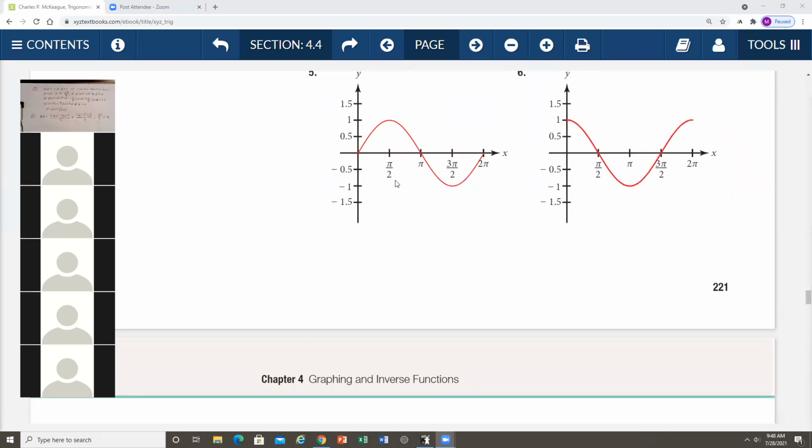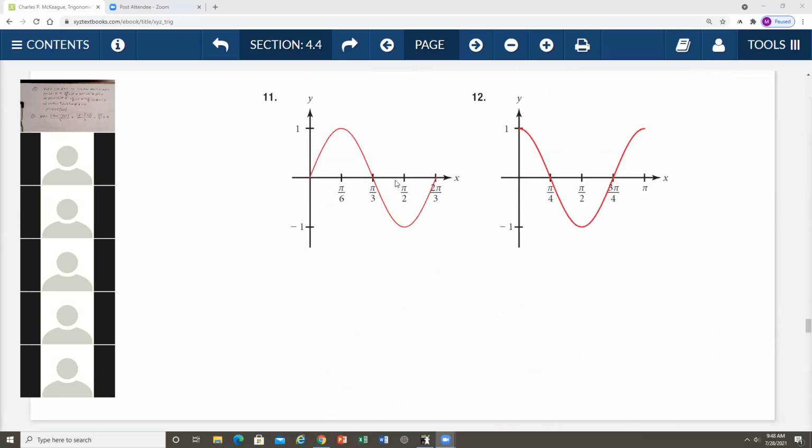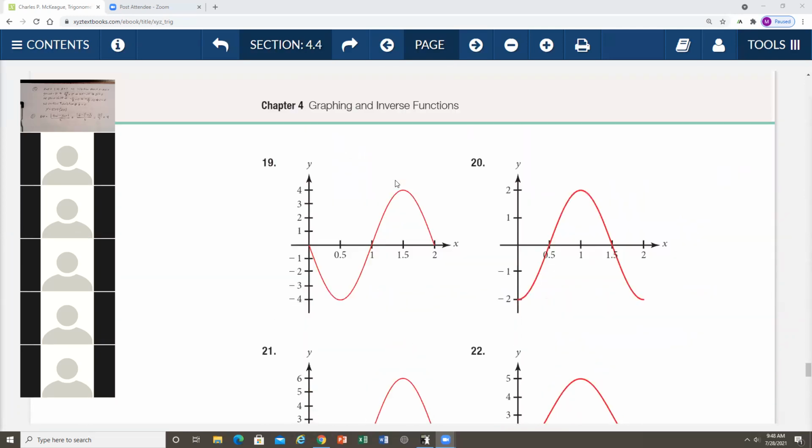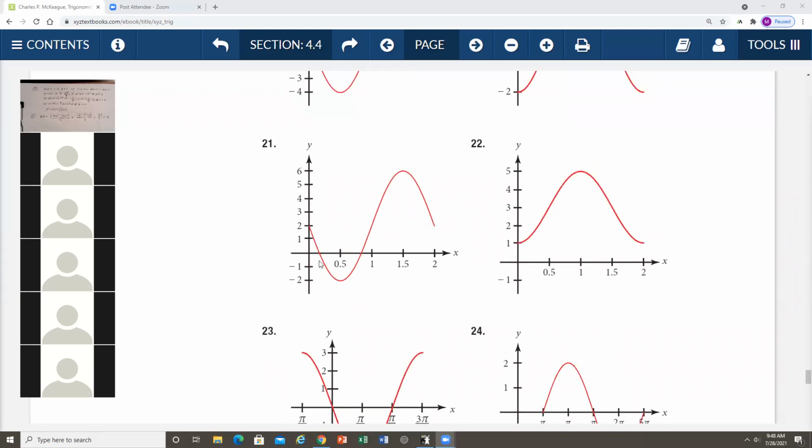So there is a reflection about the x-axis. For 21, we need to realize that the sine function has been reflected about the x-axis. Because of that, knowing that the amplitude is 4, our A would not be +4, but A has got to be -4 because there was a reflection about the x-axis.